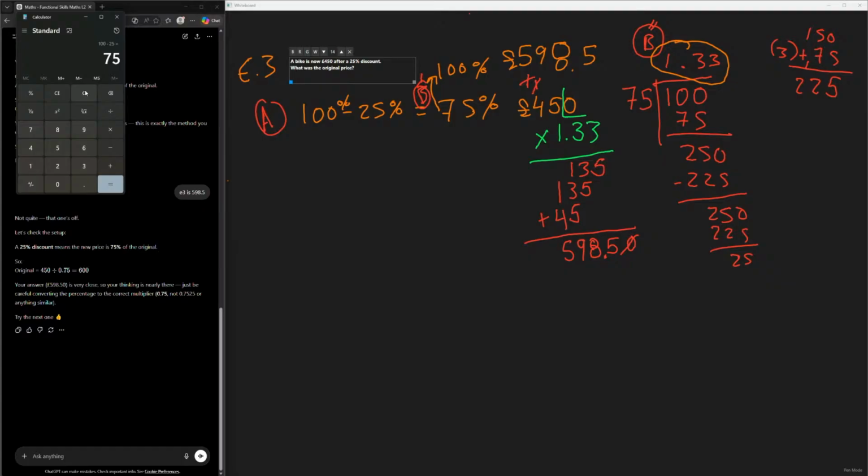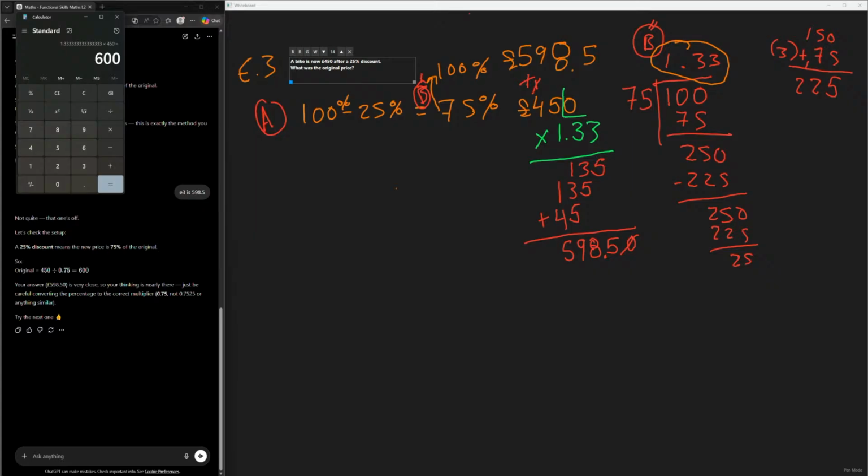So then if I divide 100, then... How did I do that wrong?